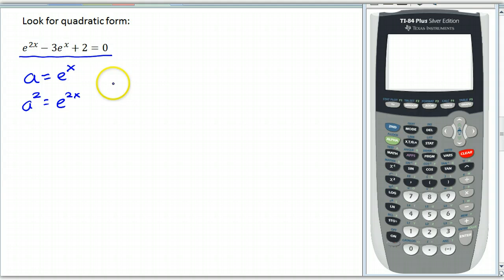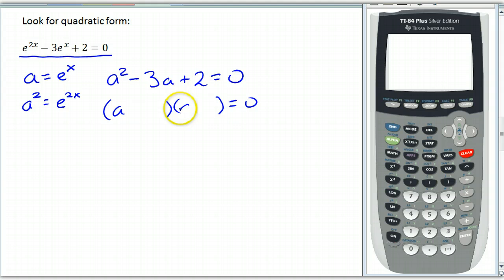So e to the 2x is a squared, and I have minus 3a plus 2 equals 0. And this is a simple factoring problem now. So I want to get a minus 3 in the middle. Factors of 2 that do that are negative 1 and negative 2.